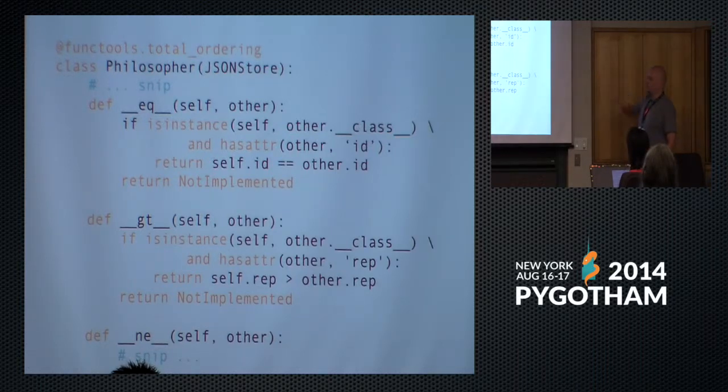And it typically requires you to have an EQ defined as well. One gotcha with total ordering is that it does not actually reflect EQ for NE. You also have to define an NE, or else we're back at the beginning of the presentation, and we have violated the law of non-contradiction again. So if you use this, you will end up drastically cutting down on the code that you end up writing.